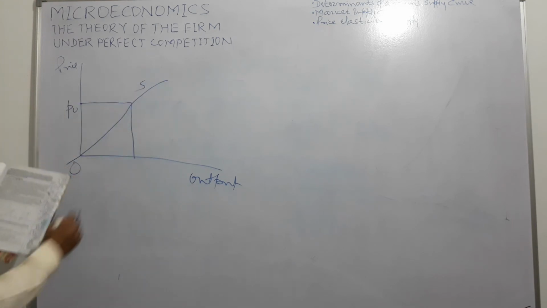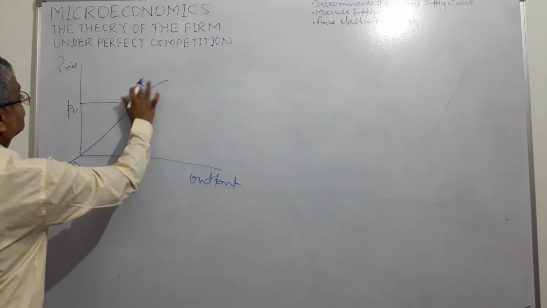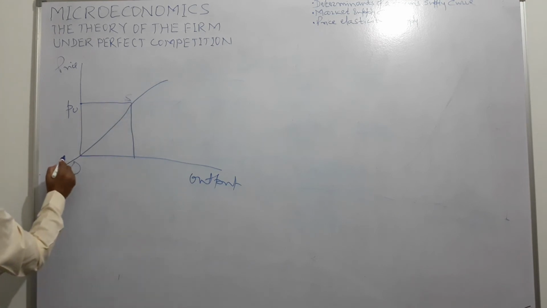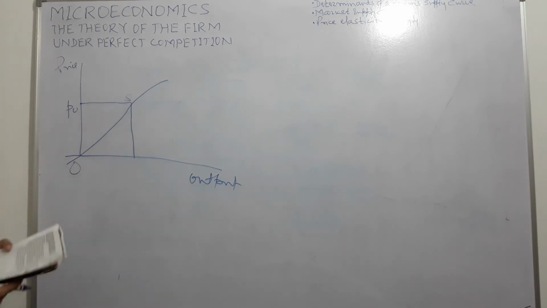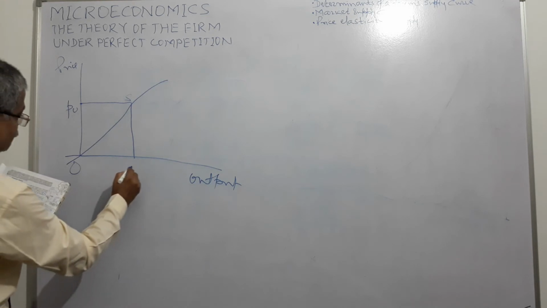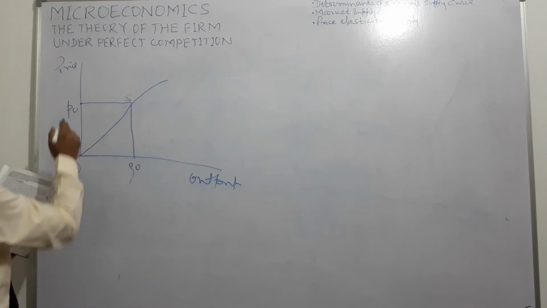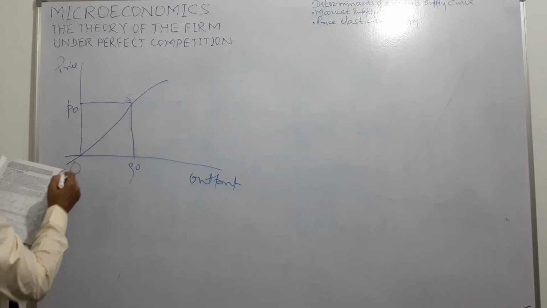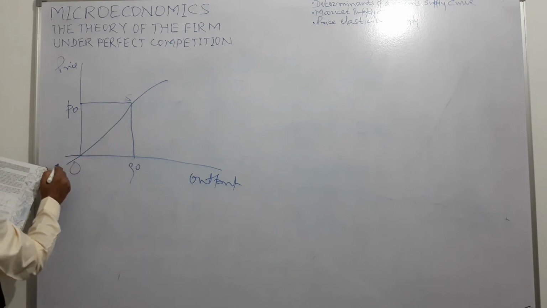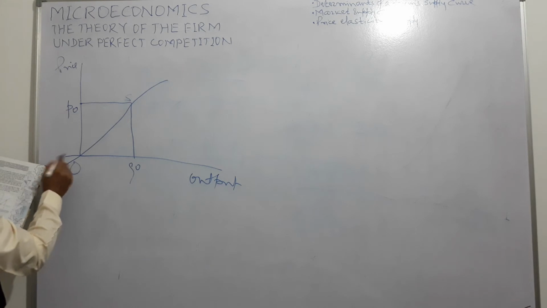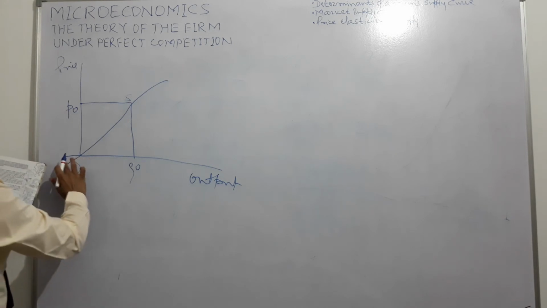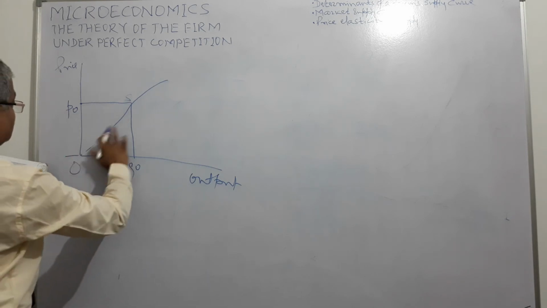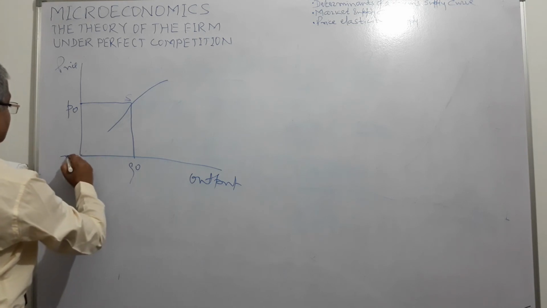This is the supply curve here. So what is happening here? This is Q0, price, and this is the supply line, and here it is M. It is cutting it like this.